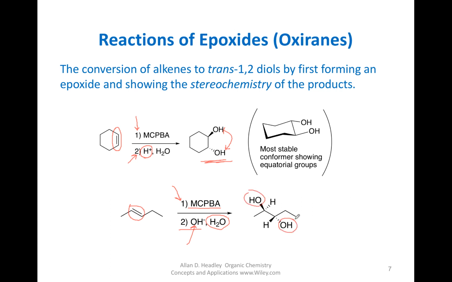Notice here we're using dash and wedge to indicate the stereochemistry. So if you're asked to write the product of a reaction and indicate stereochemistry where appropriate, you would have to utilize the dash and the wedges to indicate stereochemistry. Okay.